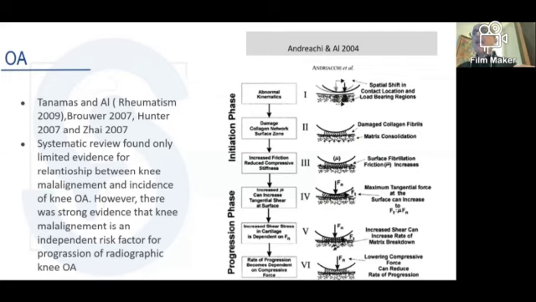It means not all the people that have malalignment of the lower limb should have knee osteoarthritis. But however, there was strong evidence that knee malalignment is an independent risk factor for progression of radiographic knee osteoarthritis.